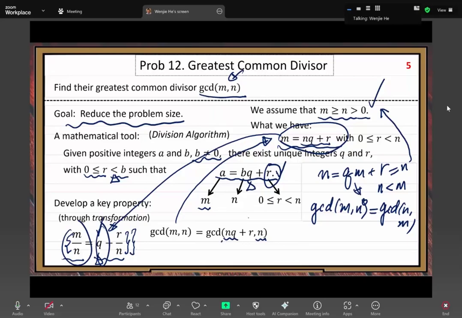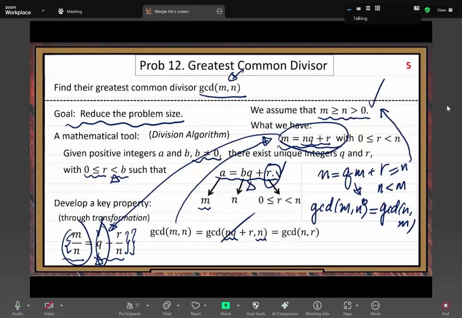So this nq term we can cross out, because it does not change anything related to the common divisor of m and n. So that's the key observation, key property. Then that means we can simplify the GCD representation. So we drop that nq term, then we have Rn.